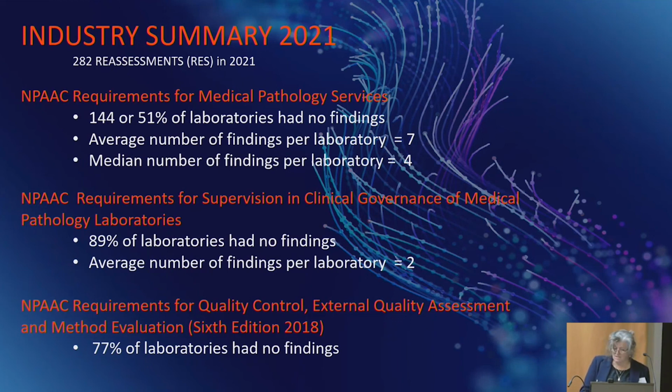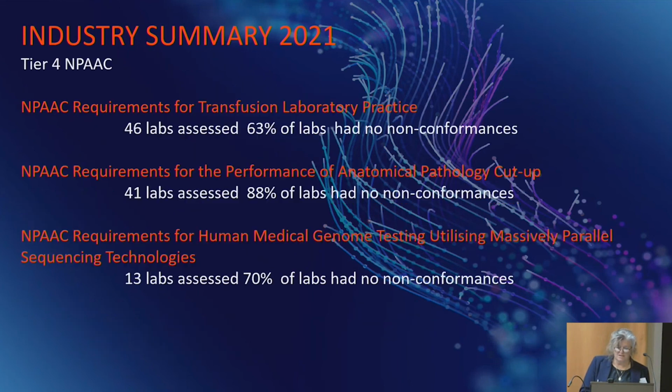Just in terms of the Tier 4 NPAC documents, the requirements for transfusion lab practices: 46 labs of the 228 were actually assessed against the transfusion document because they do transfusion, and 63% of those had no non-conformances. The main finding was blood fridges and cold chain storage, people putting things back into supply, receiving blood back into supply.